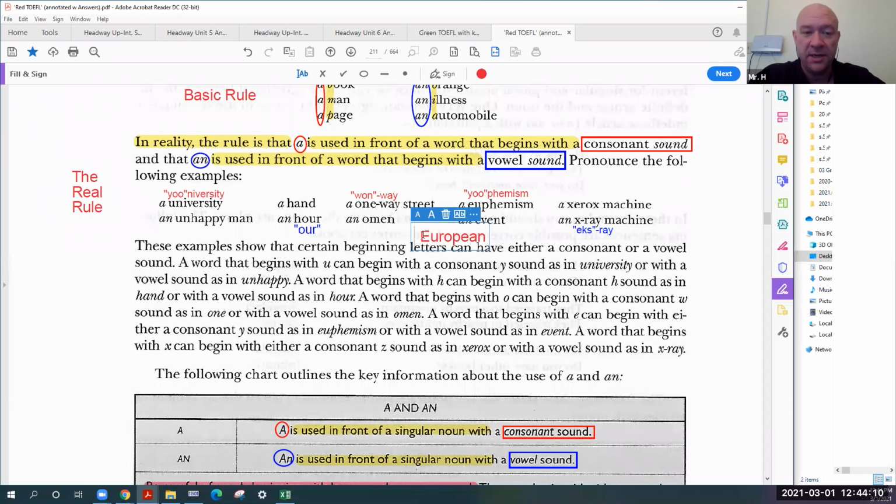European. Now, if it's just one person, should I say "a" or "an"? A European. Do you understand? How about American?